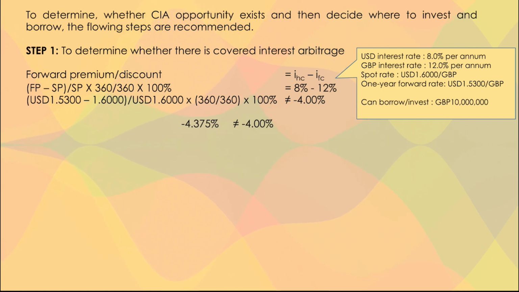Let's calculate the example. Forward rate: forward price minus spot price divided by spot price, times 360 divided by forward days, which is 1 year forward, so 360, times 100%.